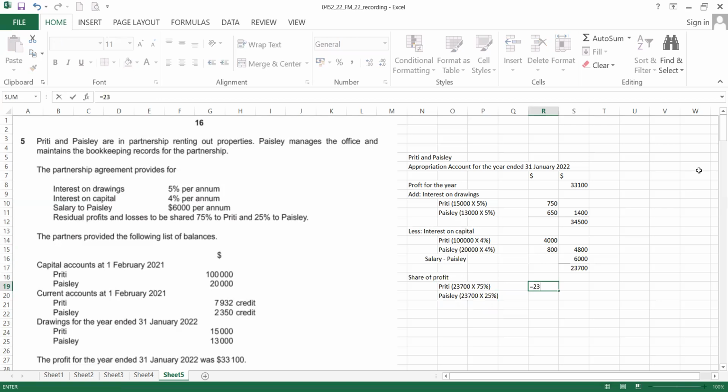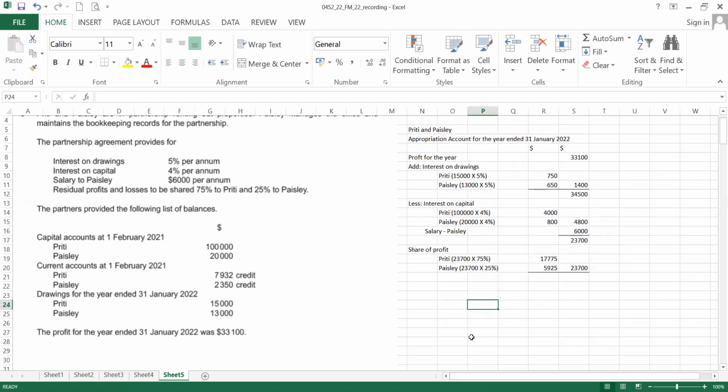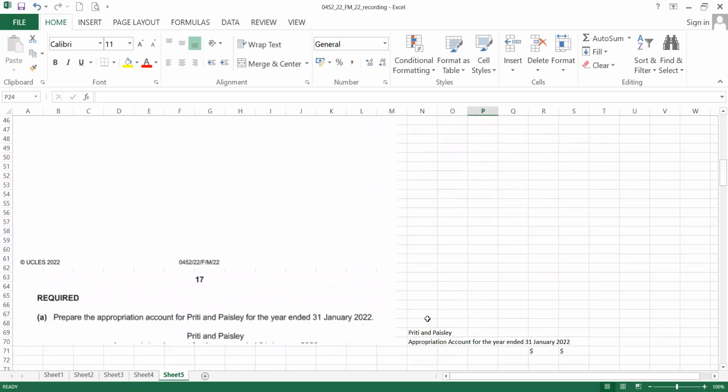Here is 23,700 times 75%, and then 23,700 times 25%. So we get the total for the appropriation account.